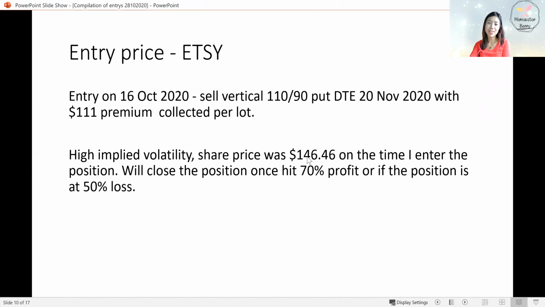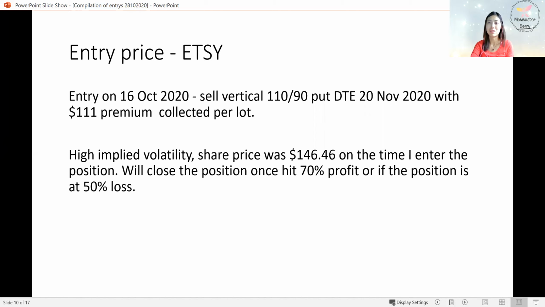The share price on that day was $146. Right now, the trade is running at a profit. I may want to take 70% profit. That means out of $111, if it reaches maybe $80, that is where I want to take profit and then look for another trade.